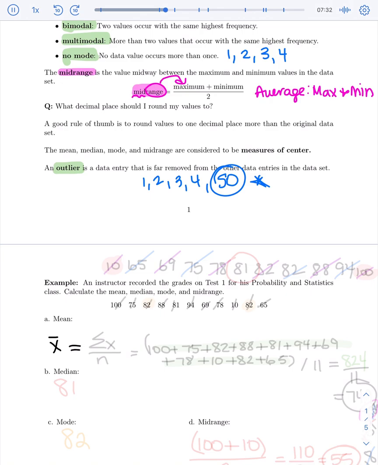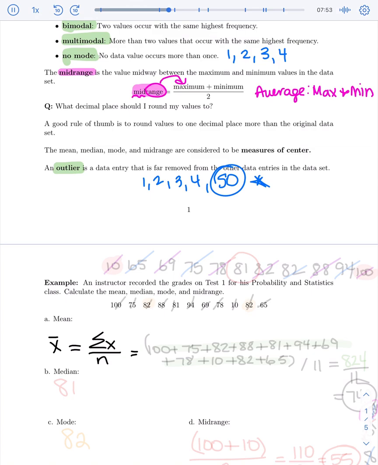How do you find the mean? You take all of your data and add them all up, using the summation symbol, and then divide by however many numbers we have. That's what this formula says.